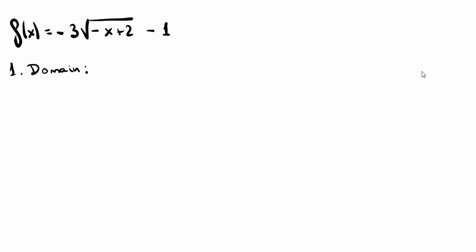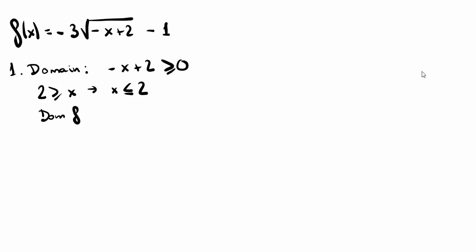To calculate the domain, I take the inner part of the root and I calculate when that expression is higher or equal than 0. So 2 must be higher or equal than x, and x lower or equal than 2. It means that the domain is from minus infinity to 2.